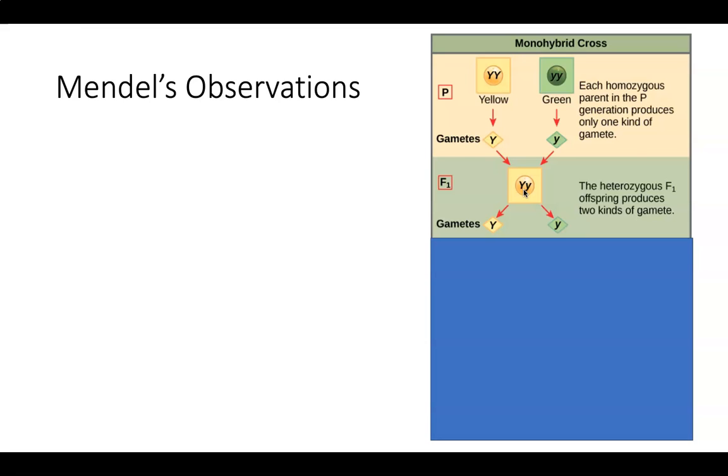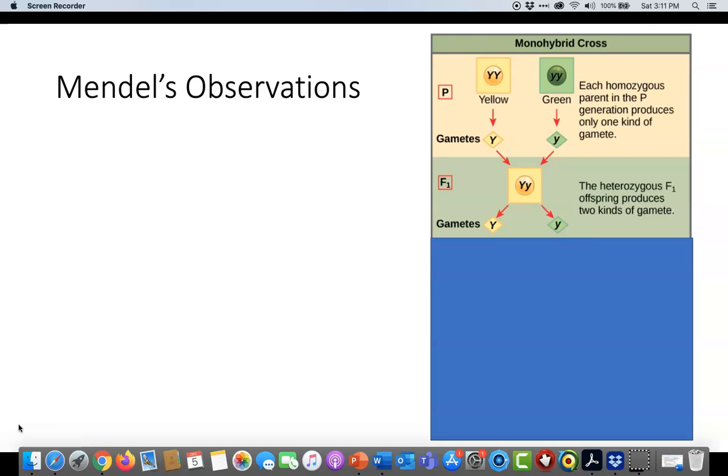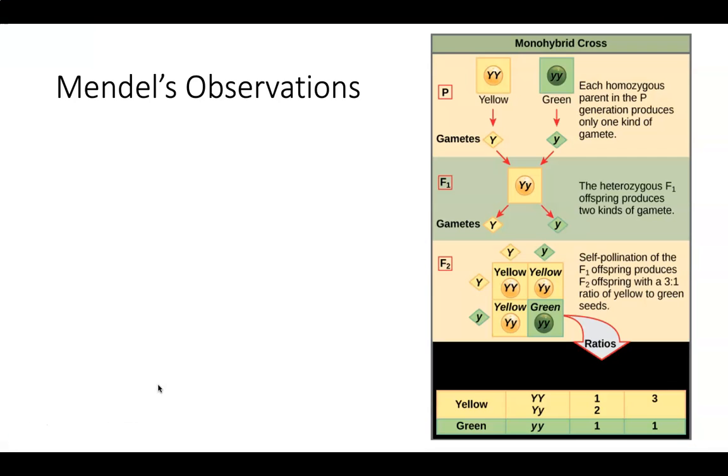Then that F1 generation, remember in his experiment, he allowed it to reproduce by self-fertilization, and so it will pass on in its gametes either the dominant gene or the recessive gene. So then we get the F2 generation, and we get either yellow or green offspring. But what we can see this time is the actual genetic combinations drawn out in a Punnett square.